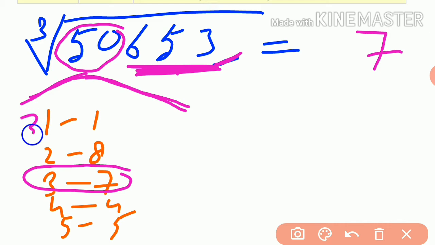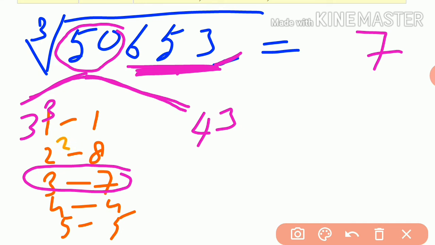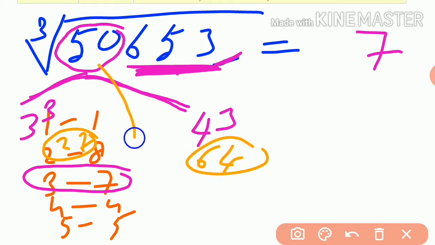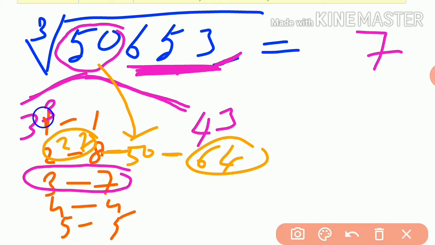So it lies between 3 cube and 4 cube. 3 cube means 3 threes are 9, 3 nines are 27, and 4 fours are 16, 4 sixteens are 64. 50 lies between these two numbers, so we will take the smaller value, which is 3.